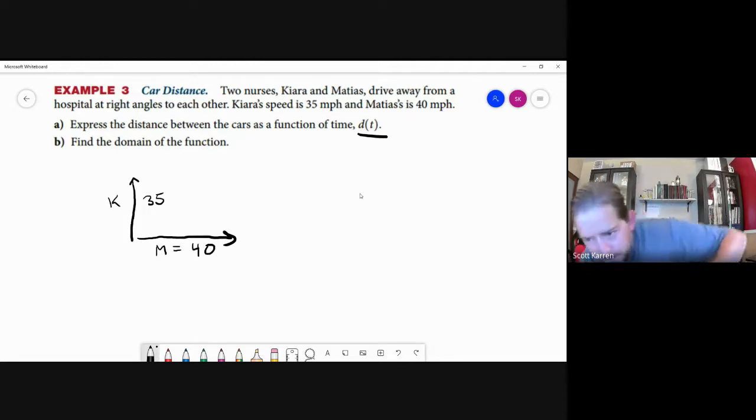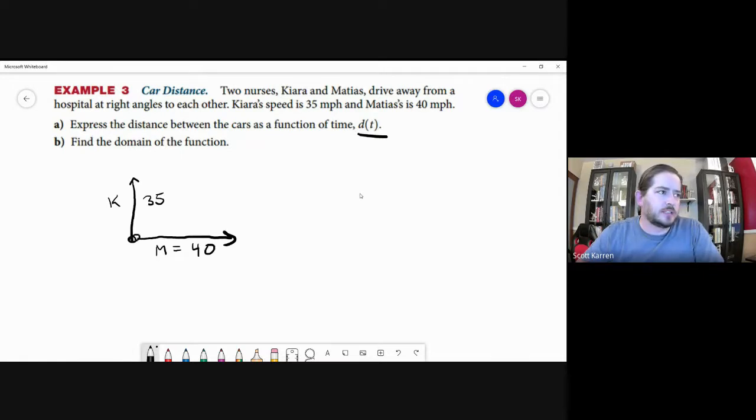Let's see here. It doesn't say this explicitly, but we're going to assume that they start here at the same time, right? So if they start there at the same time, Kiara is going 35 miles per hour.